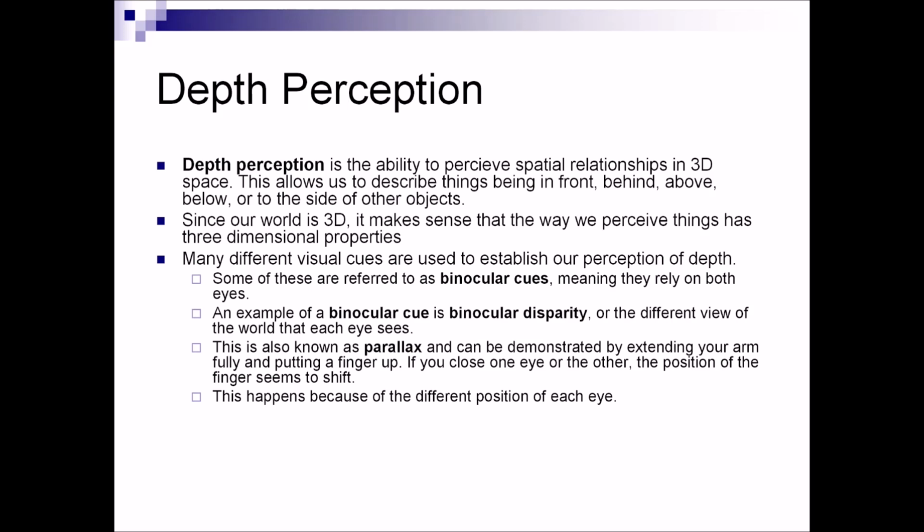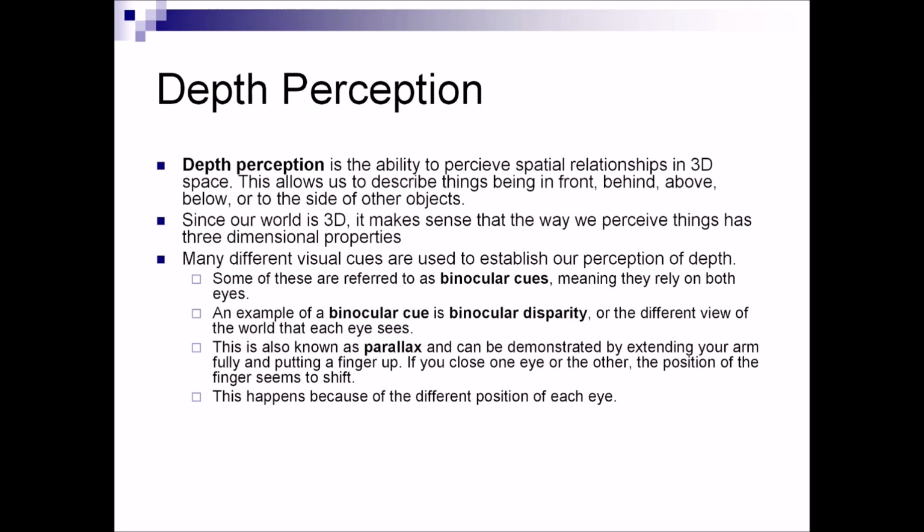Some of these are referred to as binocular cues, meaning that they rely on both eyes. An example of a binocular cue is binocular disparity, or the different view of the world that each eye sees. This is also known as parallax and can be demonstrated by extending your arm fully and putting a finger up. If you close one eye or the other, the position of the finger seems to shift.